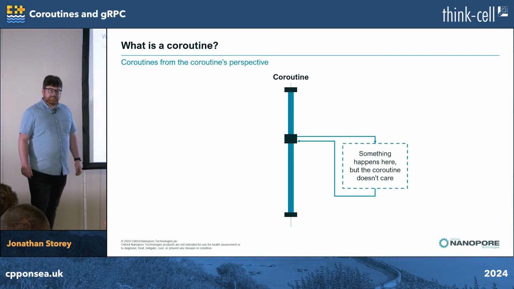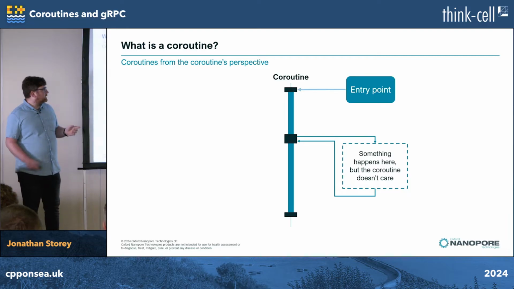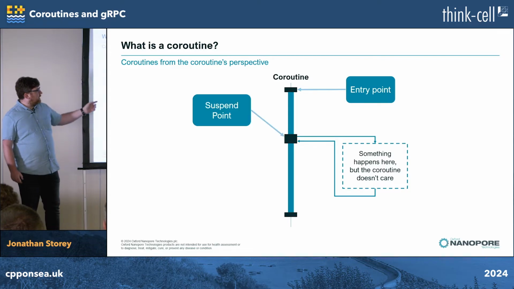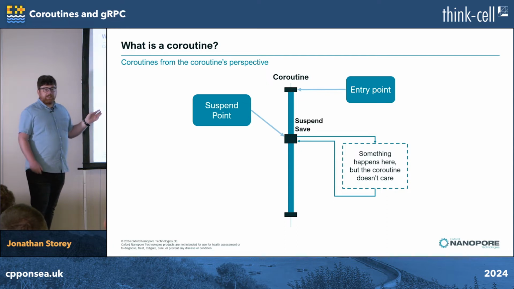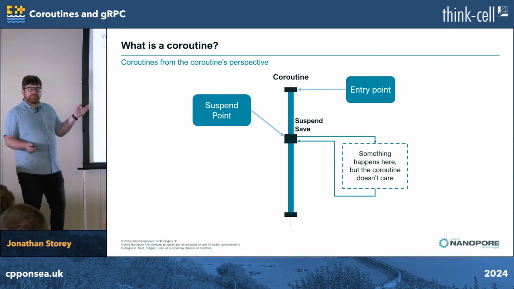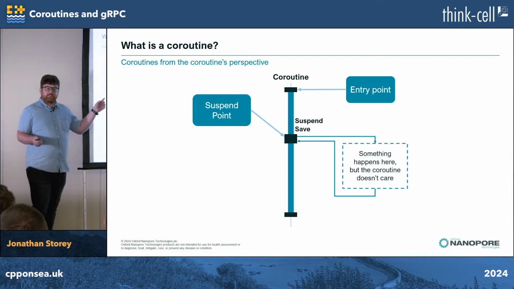Let's have a look at coroutines. Now, the first thing you'll notice is that this looks very similar to the previous slide. Again, you start executing your coroutine body at the entry point, and you continue, only this time we've got a suspend point instead of a subfunction call, and this is a special coroutine thing. At the suspend point, the coroutine is suspended and the coroutine state is saved, just like in a normal function call. And then something happens, control goes somewhere. The coroutine doesn't care where control goes, it just knows that control is no longer in the coroutine.